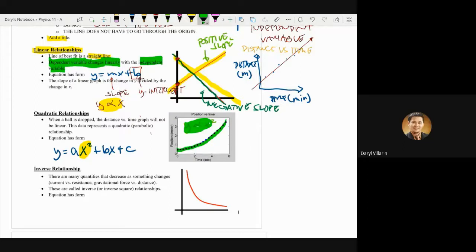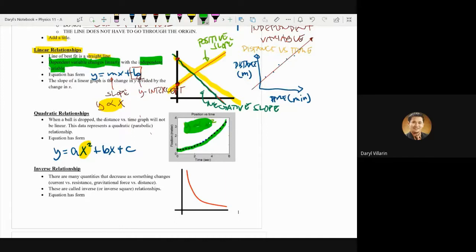All of the values of x, if I take the square for the same positions and graph them again, I will get a straight line. So that's the meaning of y being proportional to the square of x.